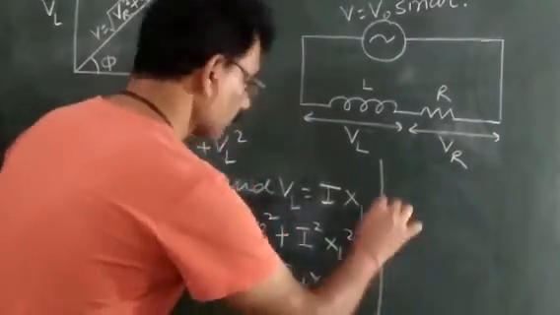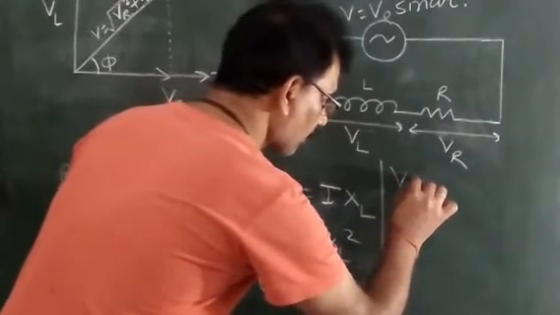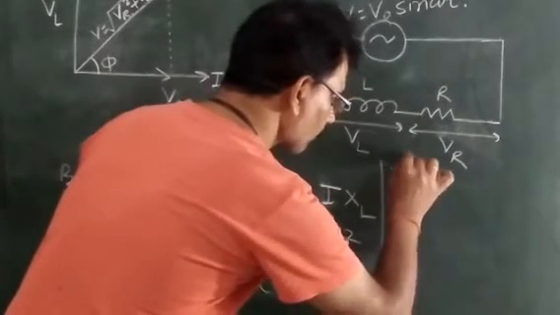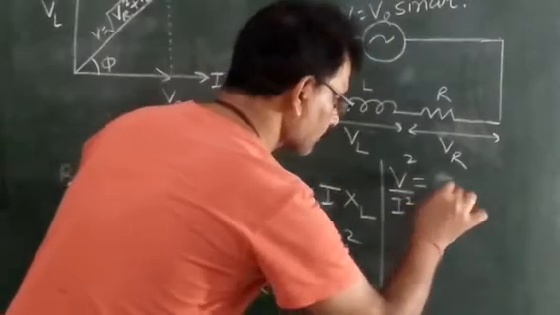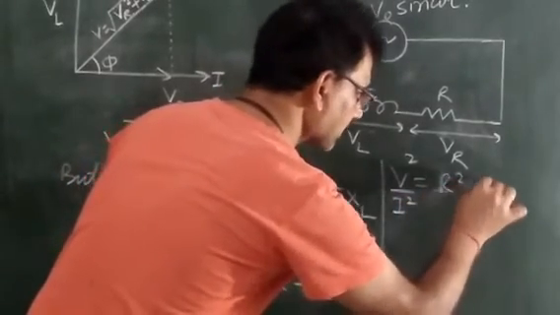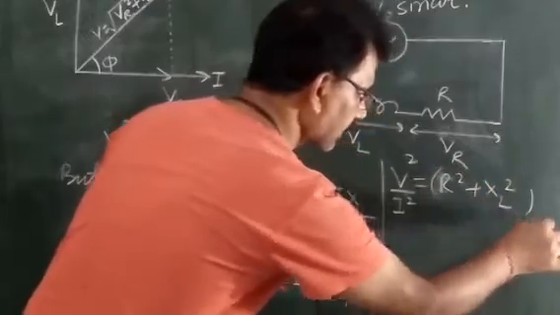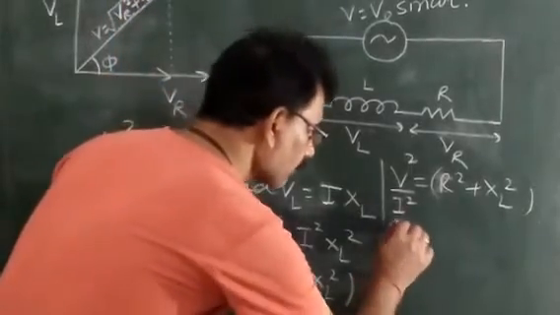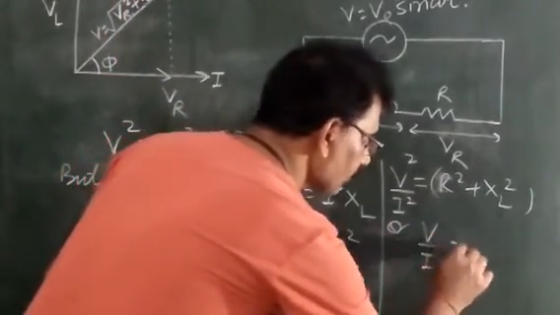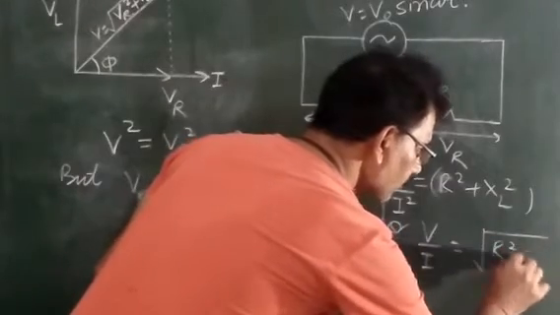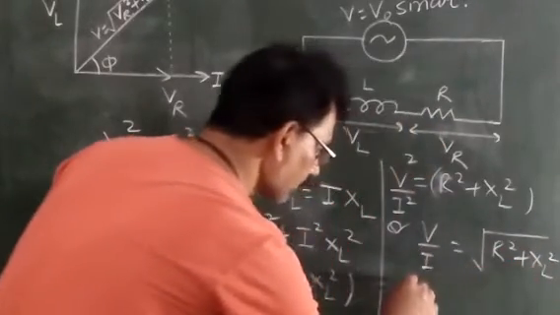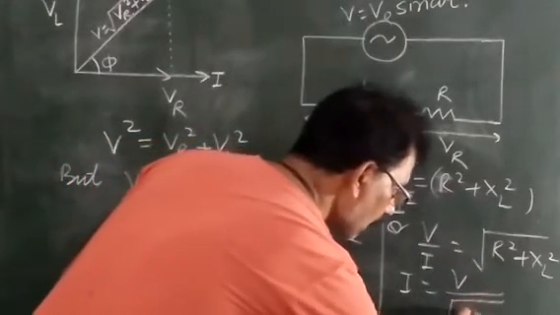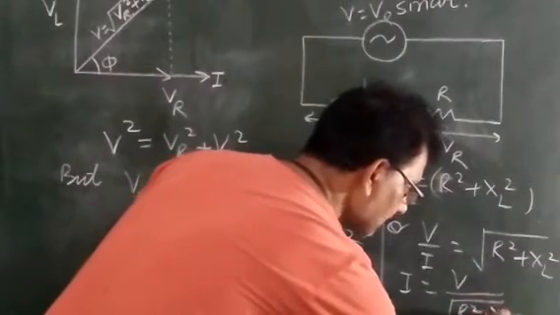Or V square upon I square is equal to R square plus XL square. Or V upon I is equal to root of R square plus XL square. Or simply I is equal to V upon root of R square plus XL square.